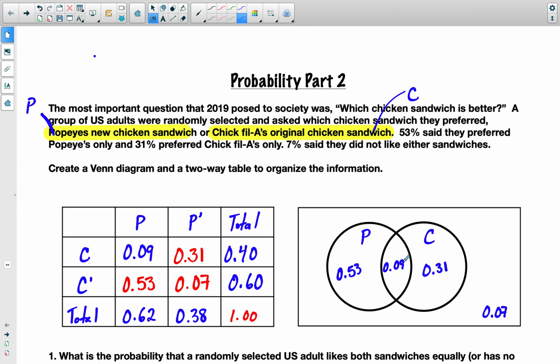Now I've got that set up. Just so that you have some background, if I highlight 53% here, symbolically, with probability notation, that number would be the probability of Popeyes and not Chick-fil-A.